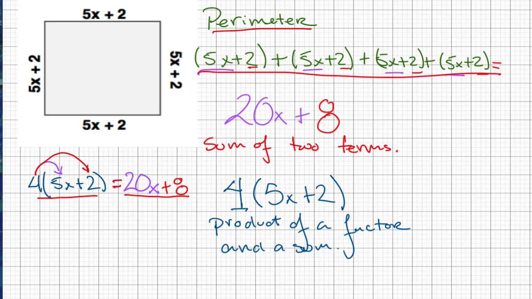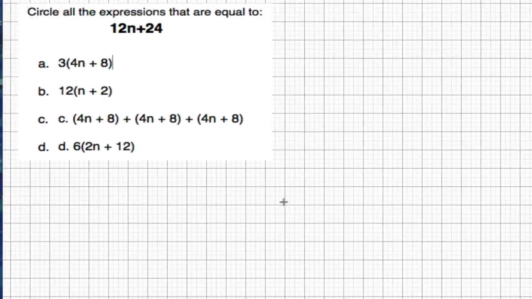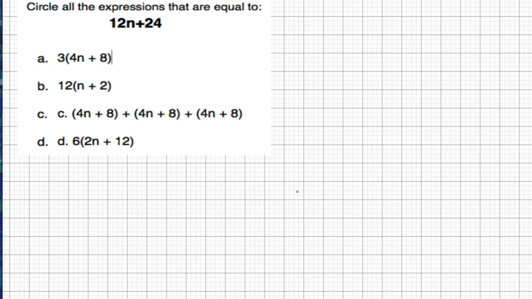All right, this is getting long, but let's keep going. I think we got 1 or 2 more problems. Oh, actually, this is the last one, okay? So this is another kind of problem, right? They're going to give you one expression, and you're going to try and choose all those that are equal to it. So 12n plus 24. This can be factored, right?